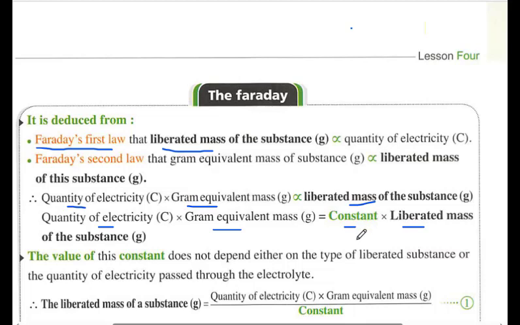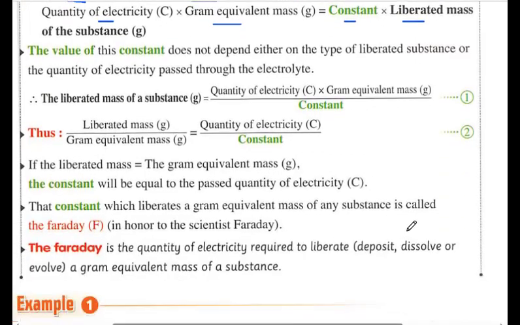We will put the constant under the quantity of electricity, and we put the gram equivalent mass under the liberated mass to have this form: the liberated mass of the substance over its equivalent mass equals the quantity of electricity over a constant.